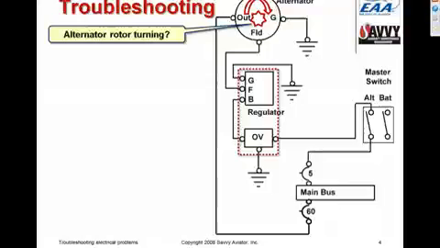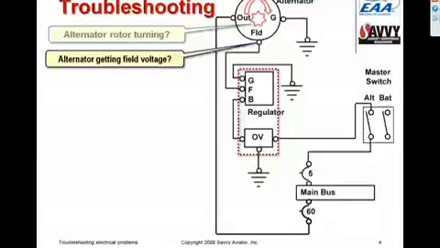If it's a gear-driven alternator and we find that it's not turning, then we probably have to remove the alternator and check the drive hub and see if it's sheared or something like that. Assuming that the alternator is actually turning, the next step would be to put a voltmeter on the alternator field terminal and make sure that with the battery and alternator switches turned on, the alternator is getting field voltage.